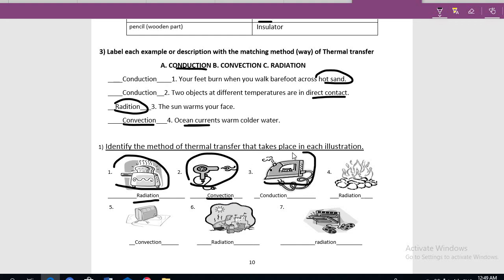This iron heats clothes by direct contact, so this is conduction. A campfire emits waves, so this is called radiation.